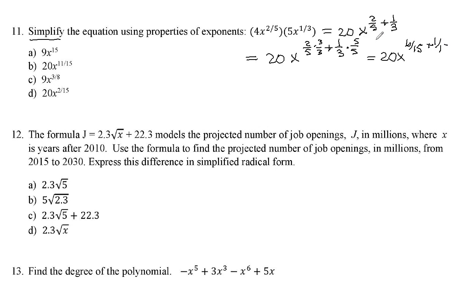I'm sorry, 1 times 5, 5 fifteenths. Multiplying straight across. And 6 plus 5 is 11 over the LCD of 15. So this is 20x to the 11 fifteenths power, which is B. And we're all set there.